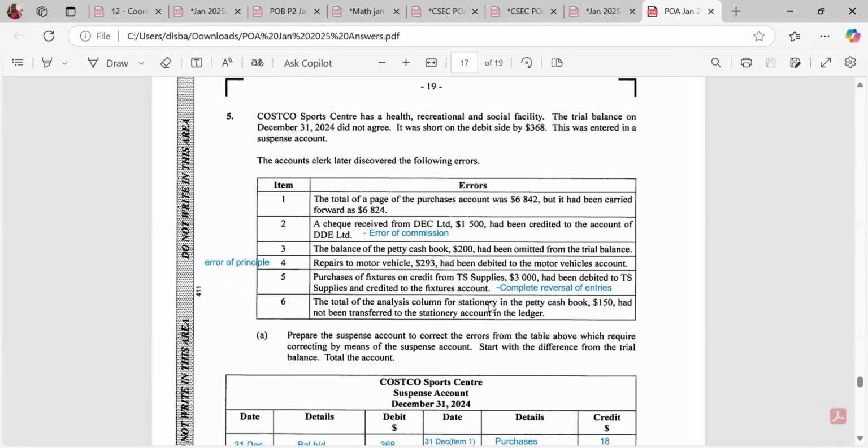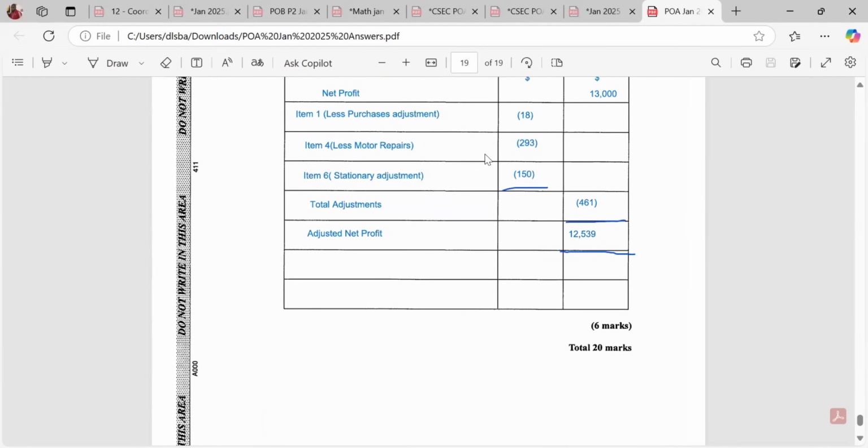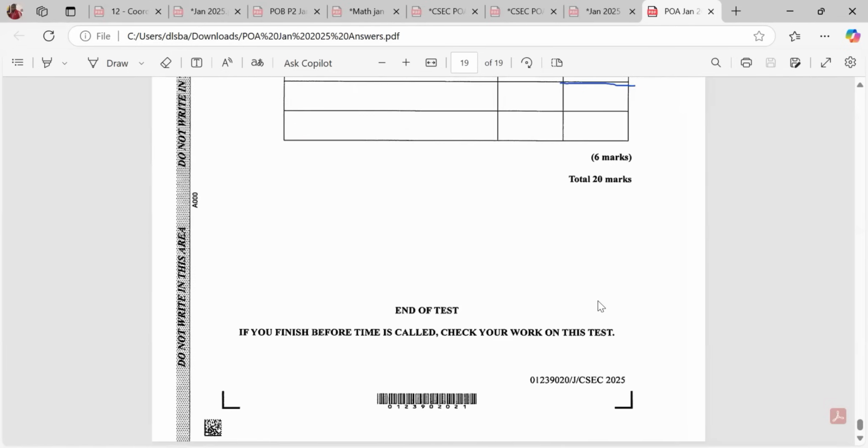Are expenses in the income statement? Yes, they are. Before we didn't have the 150 for stationery, we corrected that error. Just like with the repairs, we have to minus that 150. So I got the total that I was going to minus, and I subtracted it, and I got my adjusted net profit. And that's the end of January 2025.